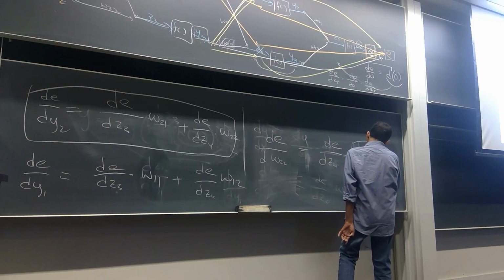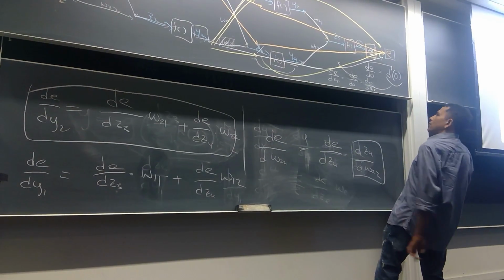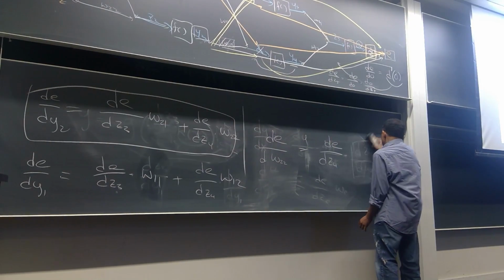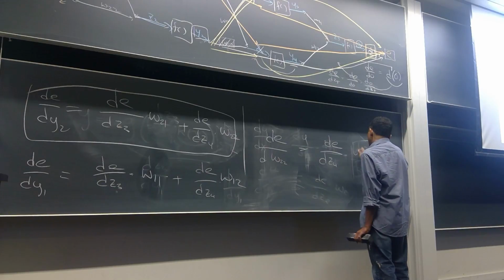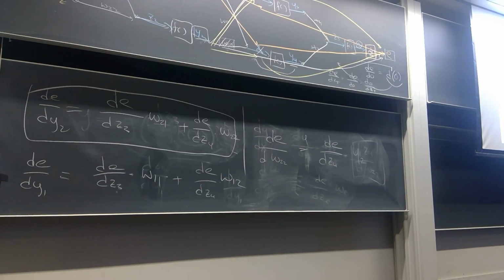What is this term over here? That's just y2, right? So just using this very simple notion of following the chains of influence, you can compute all the derivatives all the way back through the network.